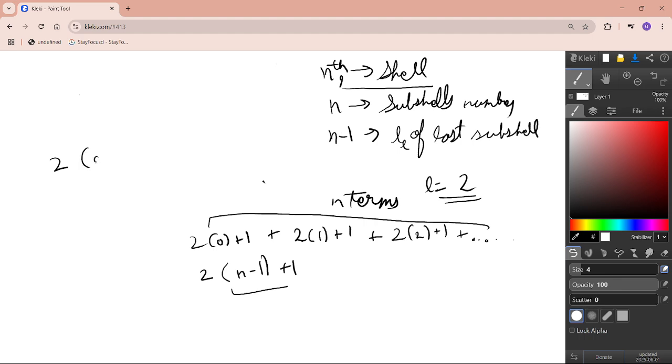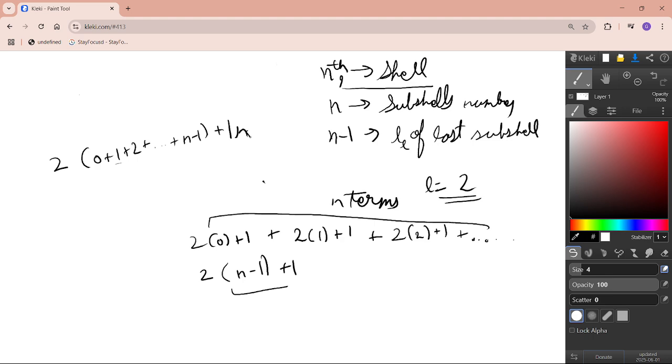Let's take 2 common. We have 0 plus 1 plus 2 plus and so on plus n minus 1. This is not the number of terms but the last term. n minus 1 is the last term. Plus 1, how many times is 1 repeating? It's repeating n times, because there are n terms, or n minus 1 plus 1. There are 1 times n.